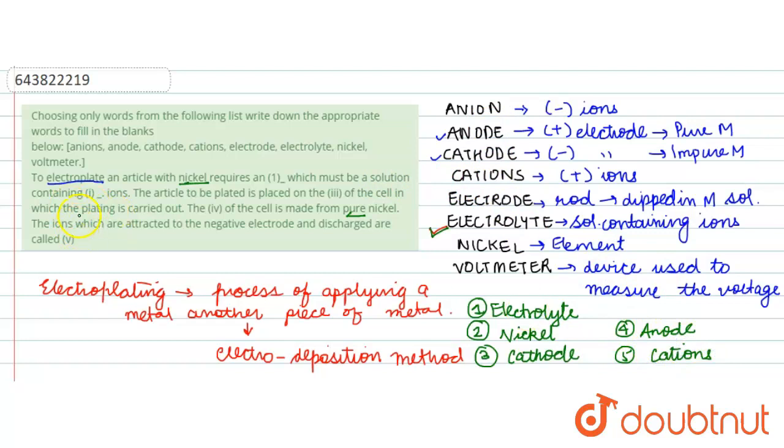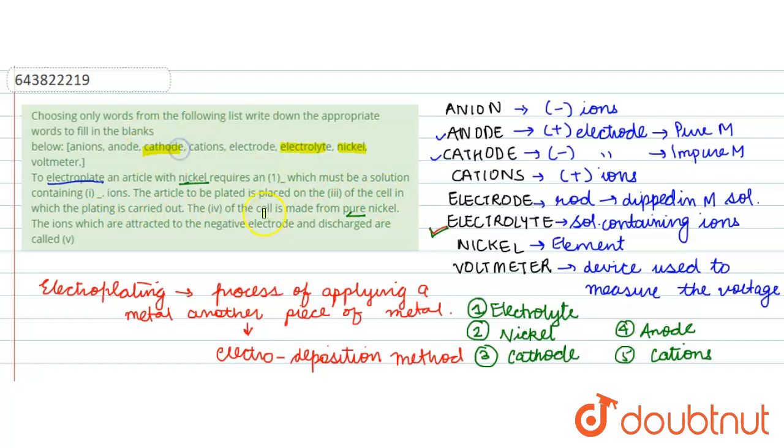Now if we read the whole paragraph with the filled blanks, it will be: to electroplate an article with nickel requires an electrolyte which must be a solution containing nickel ions. The article to be plated is placed on the cathode of the cell in which plating is carried out.